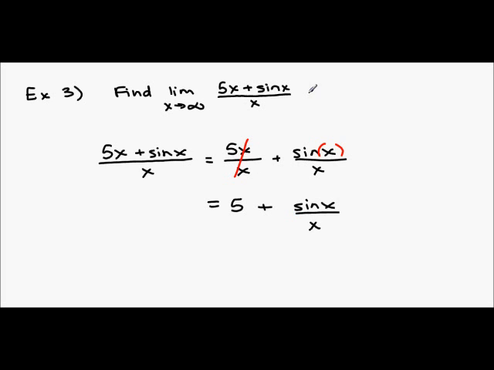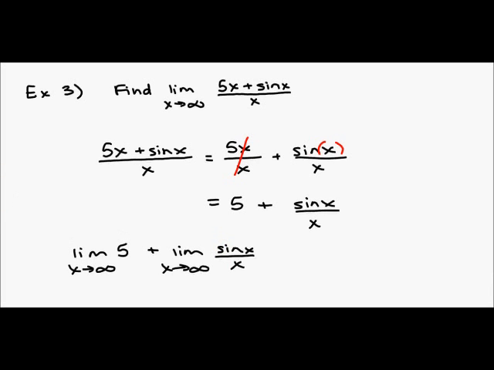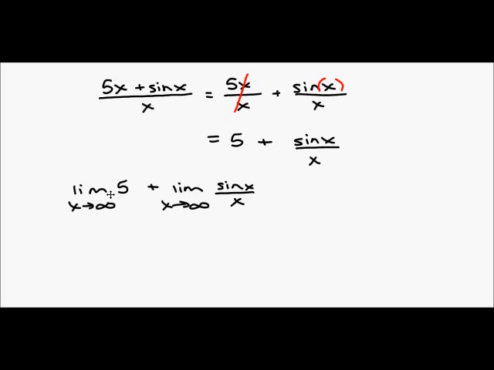So now we have to find the limit as x tends to infinity of this. So the limit as x tends to infinity of 5 plus the limit as x tends to infinity of sine x divided by x. And we know that the limit of a constant is just the constant number, so 5.